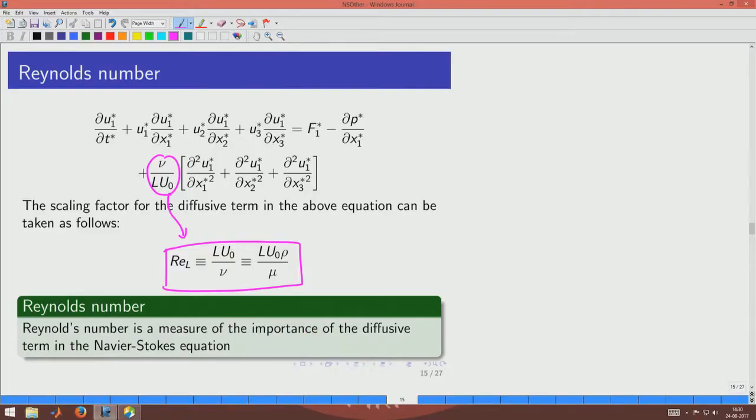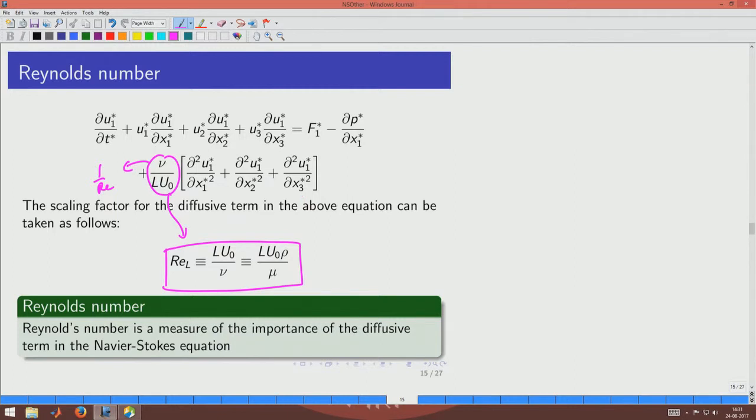You could already see that this is nothing but 1 by Re. Which means that if the Reynolds number is small, close to 0, then numerically the diffusive term is going to be heavy, which means that the solution of this partial differential equation is going to be governed mainly by the diffusive term. And if the Reynolds number is very large, for example, very close to 10 to the power of 8 or 10 to the power of 9, then 1 by Re would just give you 10 to the power of minus 9 times the diffusive term, which means that the diffusive term does not play much role.